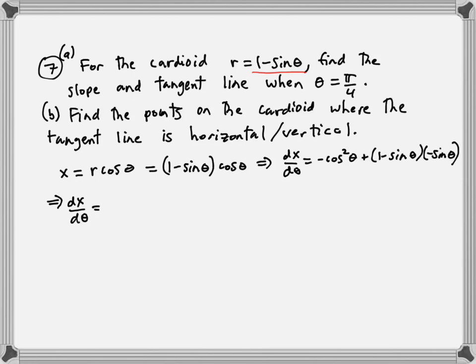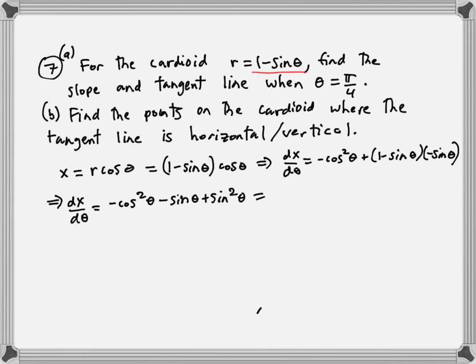If we simplify this, we get negative cosine squared theta, and then we have minus sine theta, and then we have plus sine squared theta. Now what I want to do is rewrite this using only sines.